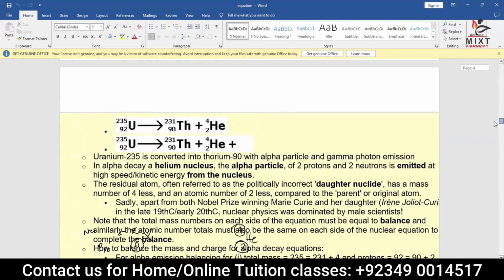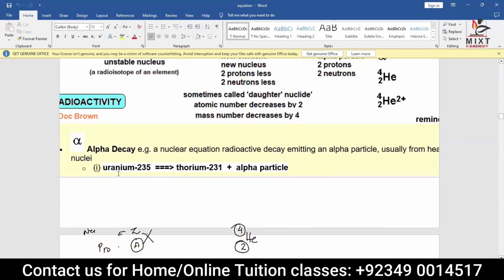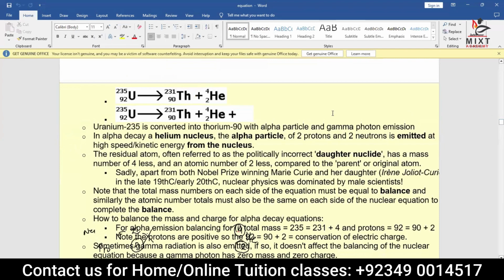Now let's see some examples for this. There are some examples which are already done for you here. Check this out, both in the symbolic form and in the English form. Uranium 235, when there is alpha decay, changes into thorium, a new element. That is the equation of it. Uranium 92, 235, when alpha is decayed from here, converts into thorium.